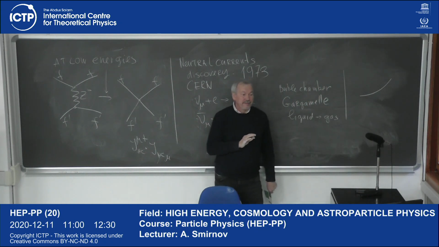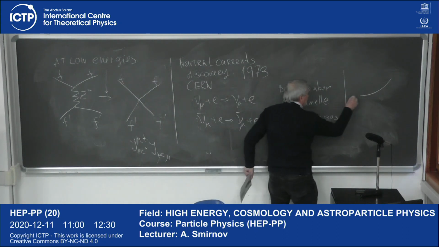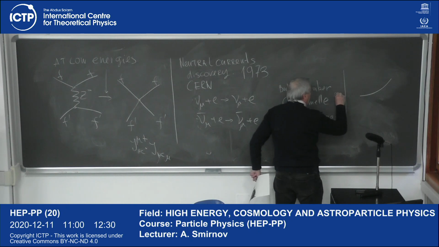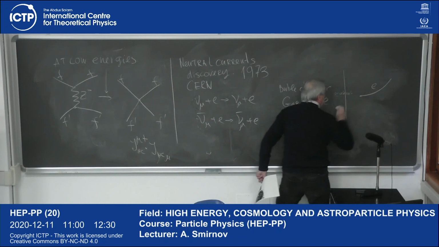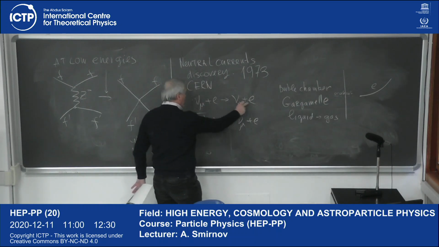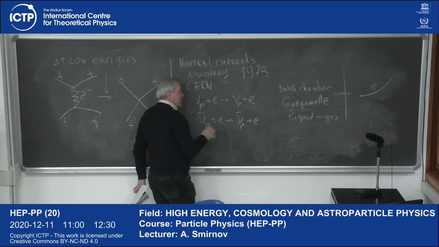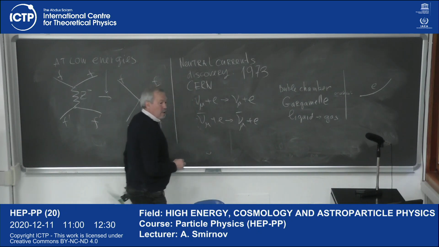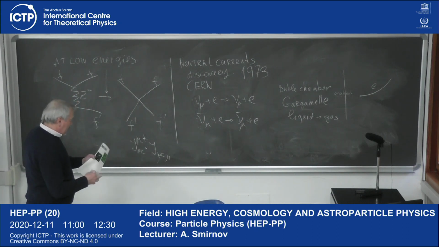It was also magnetic field, so they saw the tracks bending, and that was the direction of acceleration. This track has been identified with the track of electron, the recoil electron. So you see in these processes you have electron recoil, right? This is at rest more or less, then neutrinos were in the GeV range, quite energetic, and so they produced recoil electrons with this energy, and experimentalists saw the tracks.